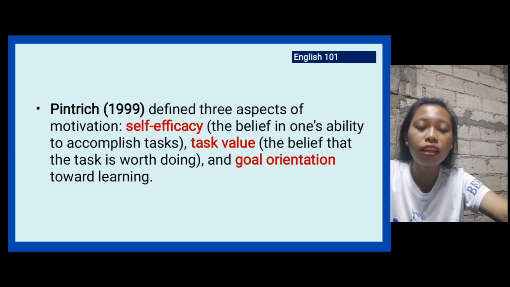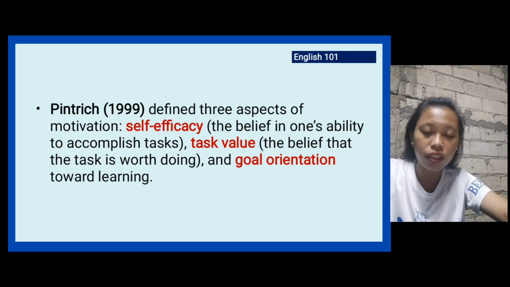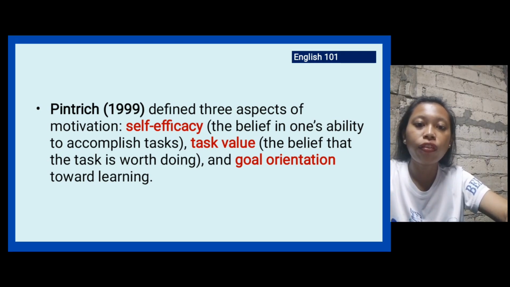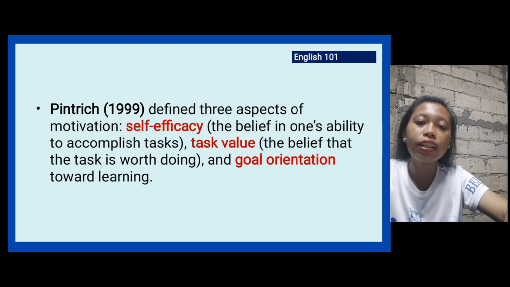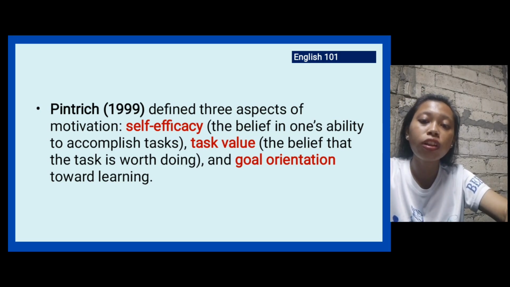Pintrich 1999 defined three aspects of motivation: the self-efficacy, the belief in one's ability to accomplish a task, task value, the belief that the task is worth doing, and goal orientation toward learning.